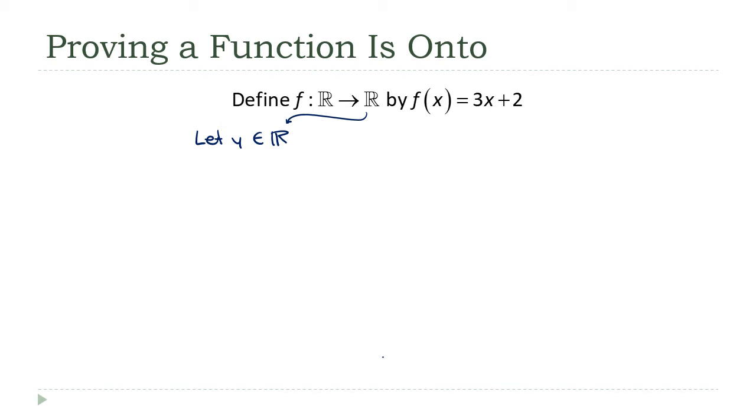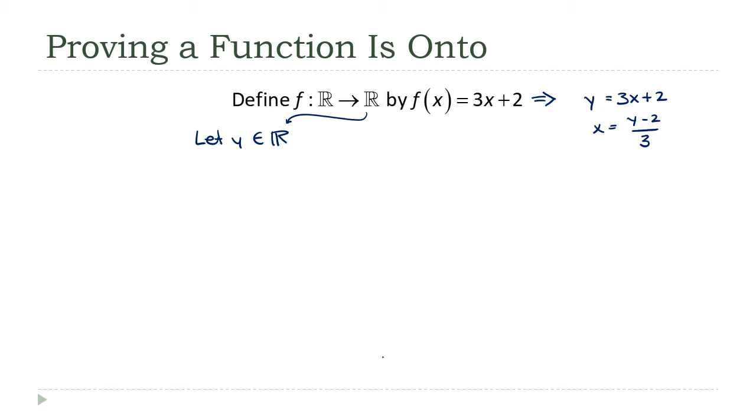And it's hopefully a little bit clear how you do this. If you take this formula here, and rewrite it as y equals 3x plus 2, and you solve this for x, we get x equals (y minus 2) divided by 3. That's my x value.